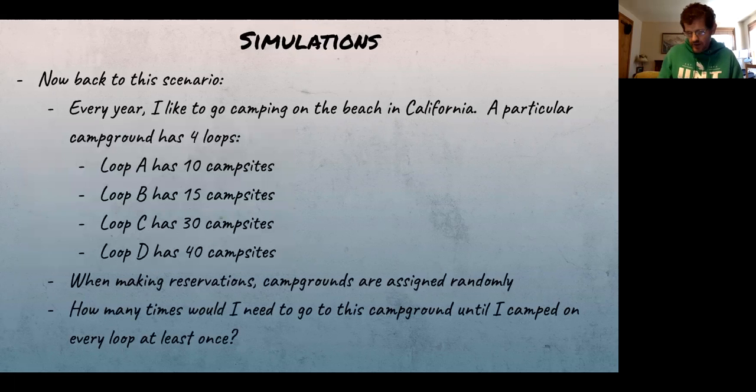Okay. With everything we talked about so far, we haven't exactly said how we're going to approach this problem. But now I want to introduce the fact that we do have a way of generating random numbers. And I'm going to draw your attention to the fact that campgrounds are assigned randomly.